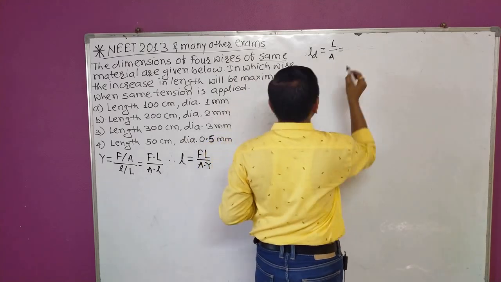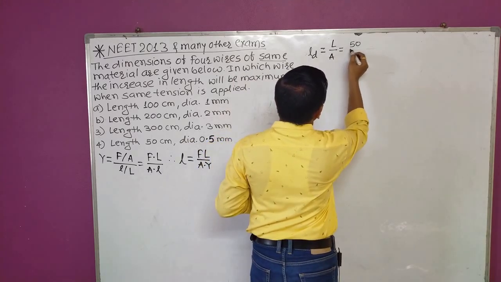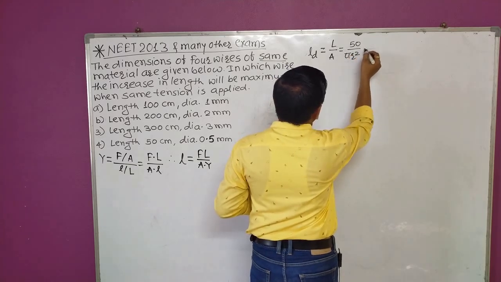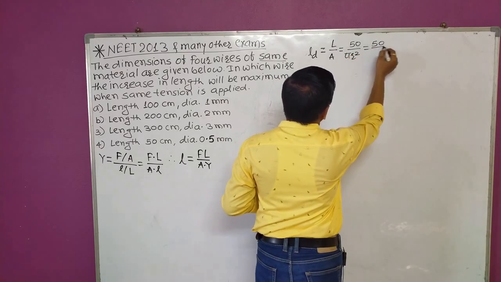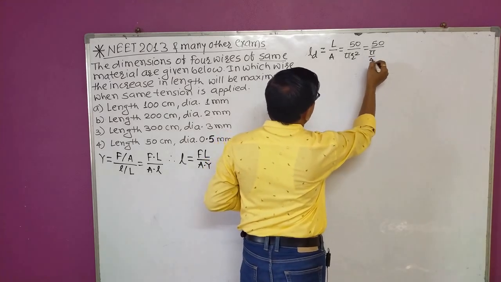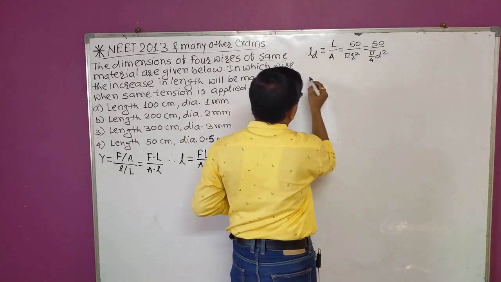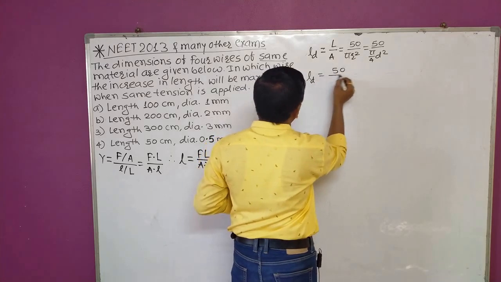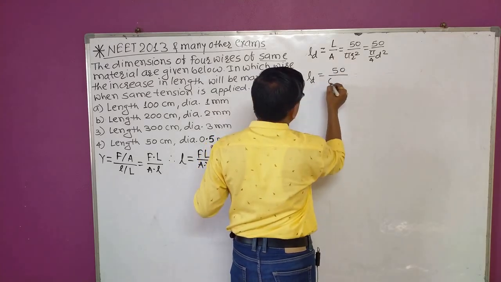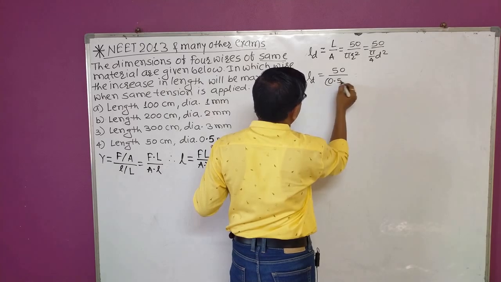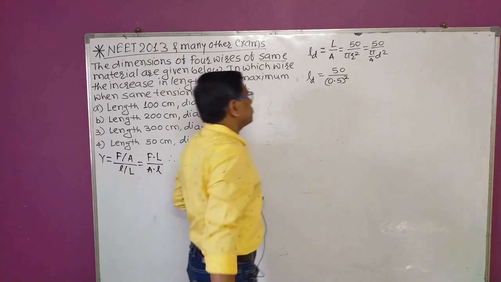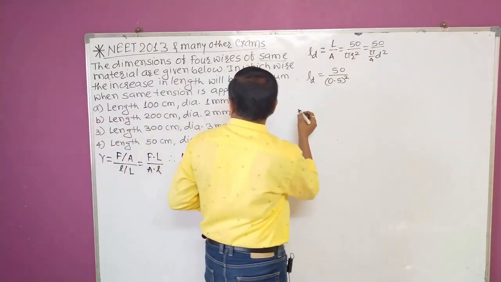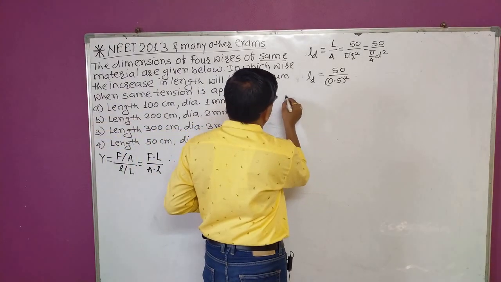The length of the wire is 50 centimeter and the cross sectional area is pi r square, which is also pi by 4 d square, where d is diameter. So LD is equal to 50 upon 0.5 square.